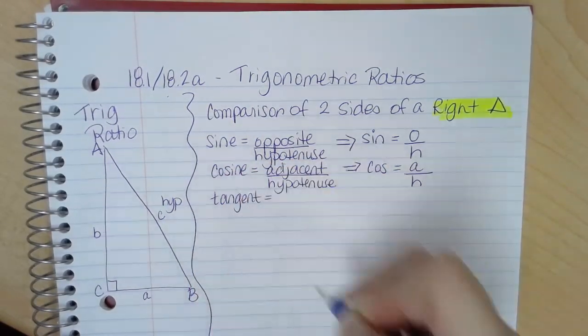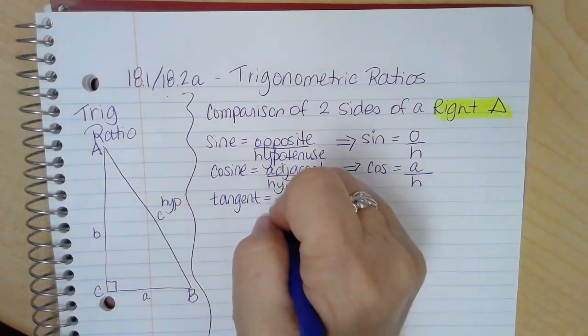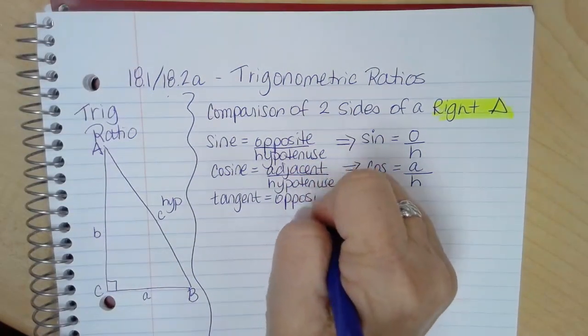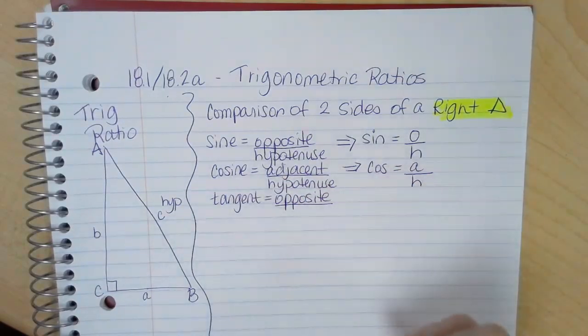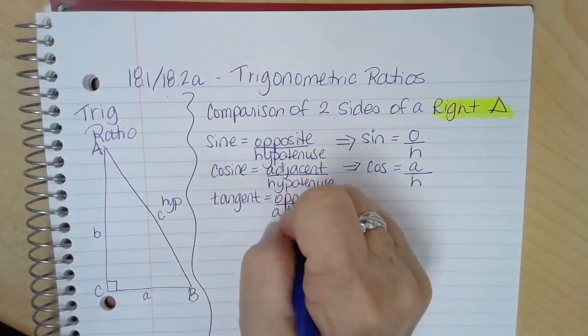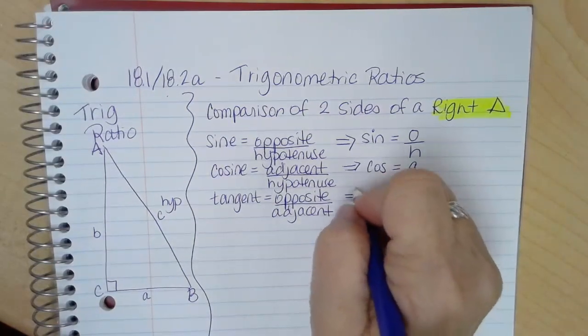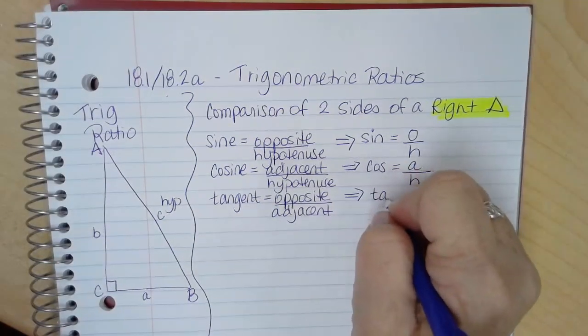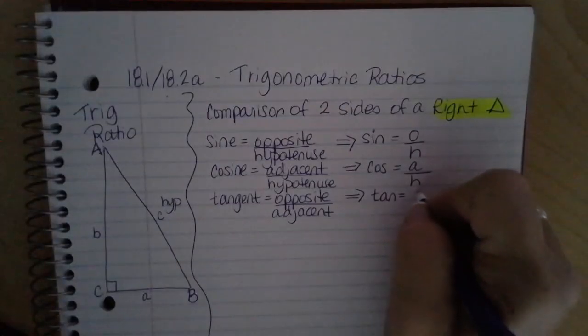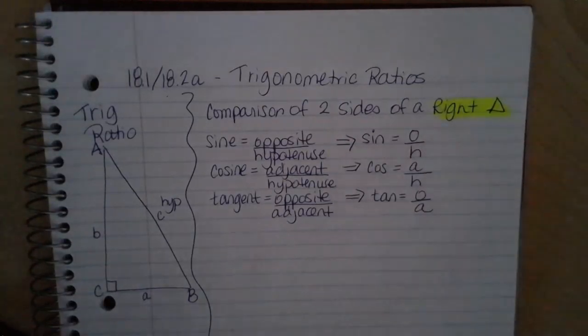Tangent is opposite over adjacent, which, if we use the abbreviations, is tangent equals opposite over adjacent.